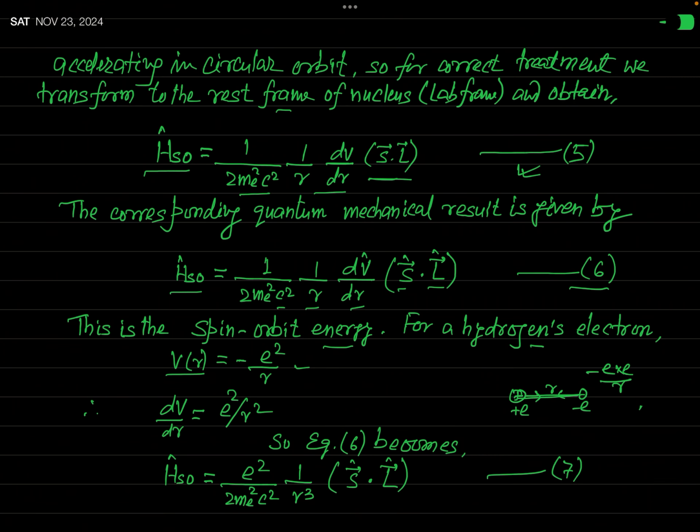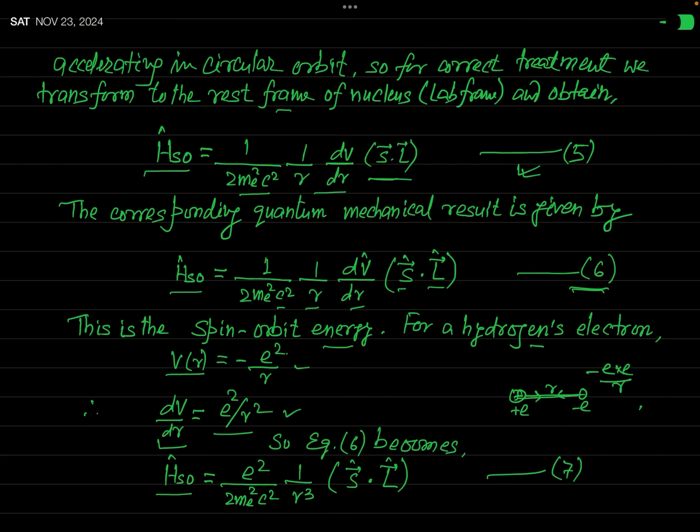Now in our expression there is dV by dr. So let us find the value of dV by dr, and you can see this dV by dr will be equal to e square by r square. You have to differentiate 1 by r, and that will be minus 1 by r square. So use this value of dV by dr in this equation 6, and then you will get the HSO, that is the spin orbit interaction energy, particularly for the hydrogen atom.